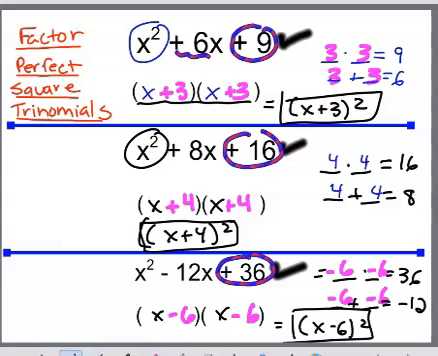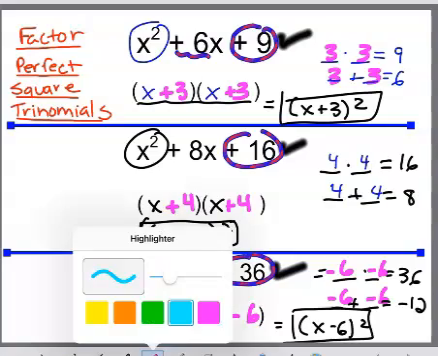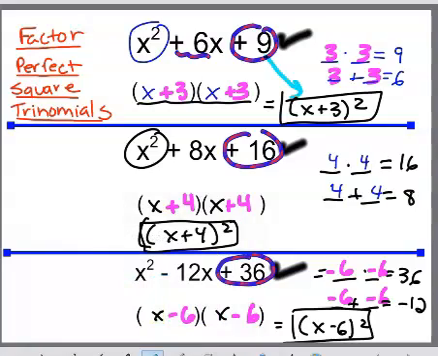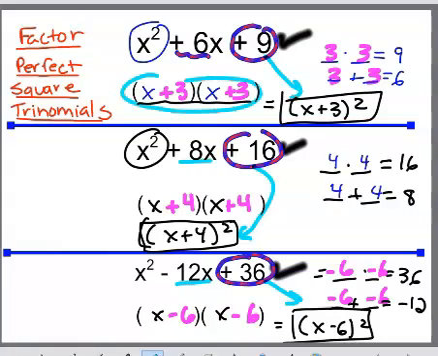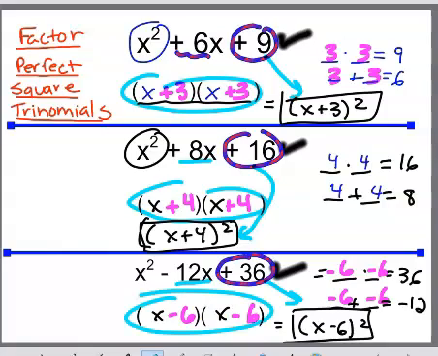But what ends up happening is we skip from here to here. We skip to this step. And a lot of times people ask, hey, what happened to the negative 12? Well, we're really just skipping this step. So I wanted to show you what's really happening when we jump from the first step to this, for example.